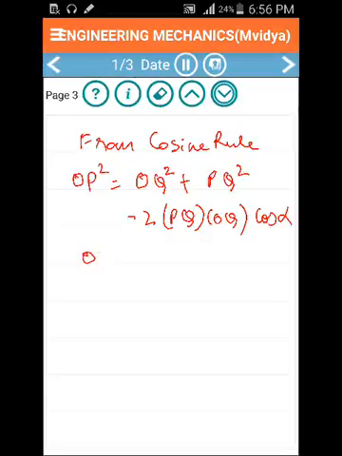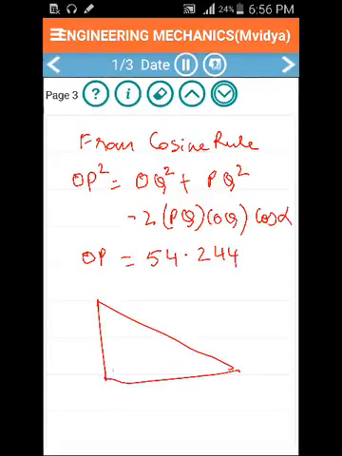So substituting the values, I get OP is equal to 54.244.